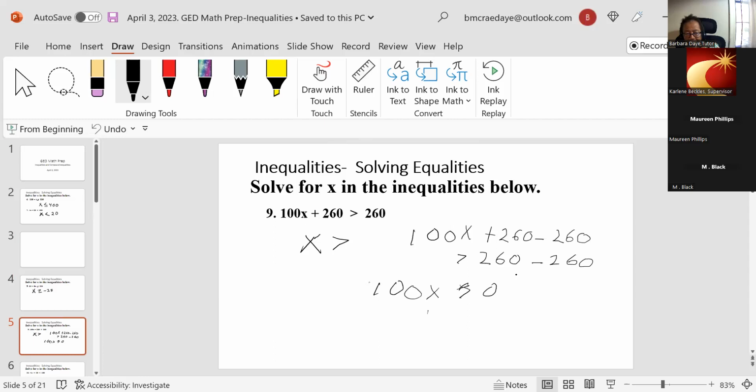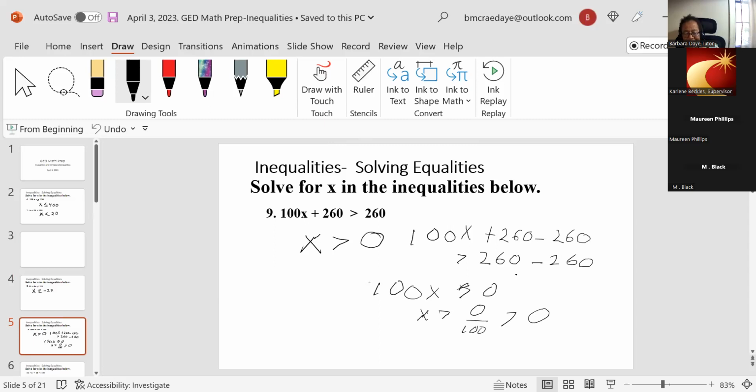Then you divide by 100. So x would then be greater than 0 divided by 100, and that's just greater than 0. That's your answer: x greater than 0.